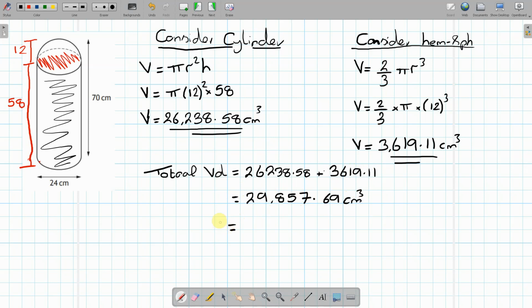Now, if we left our answer like that, we would get 4 out of 5, because the question asks to 3 significant figures, which means the 57 here will round the 8 up to 9. So your final answer is 29,900 centimeters cubed. And that is your final answer.